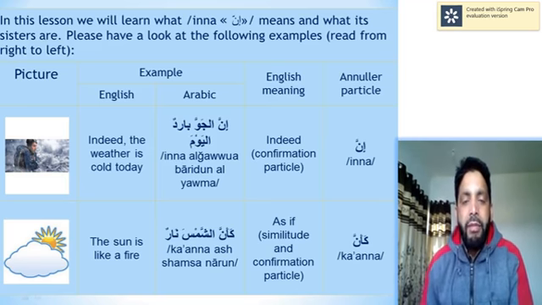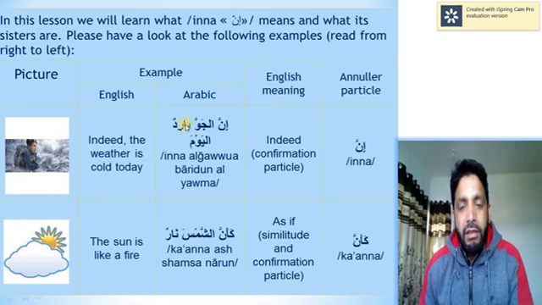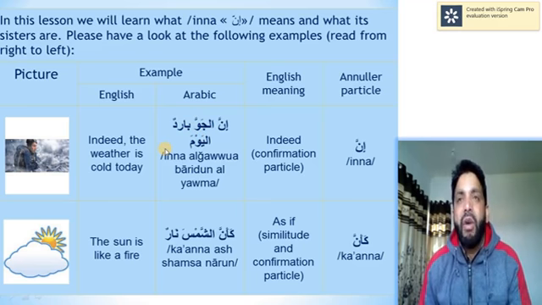First it was al-jawwu. Now when we use inna on this noun, it becomes al-jawwa instead of al-jawwu because of inna. So it changes the vowel, the case of this noun.